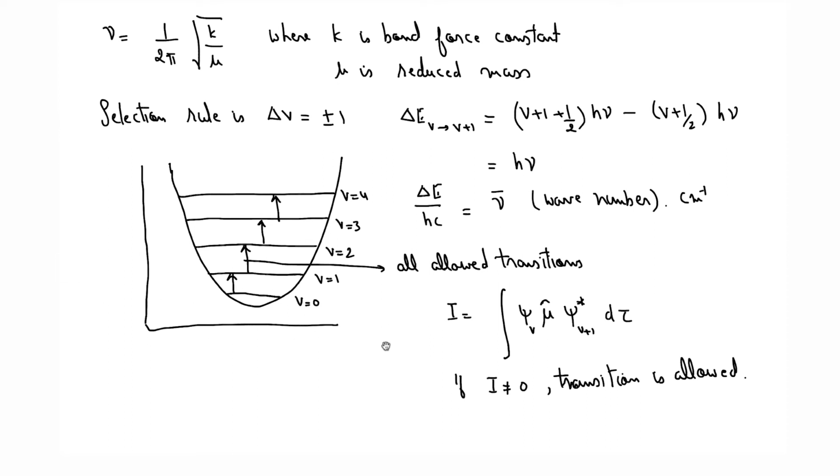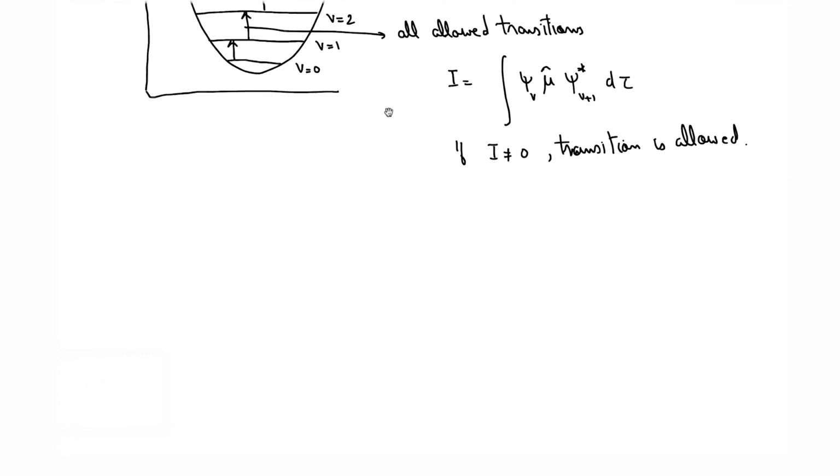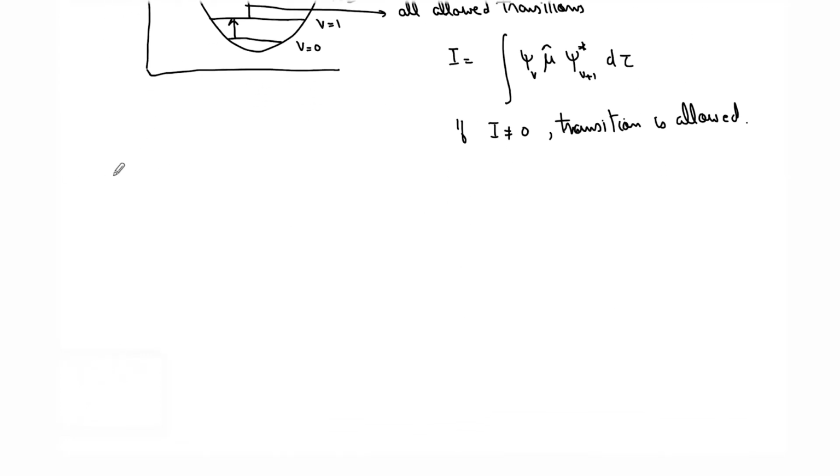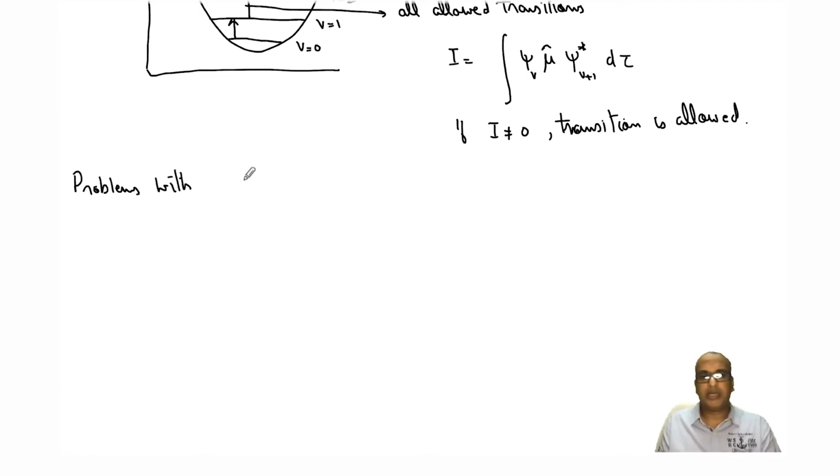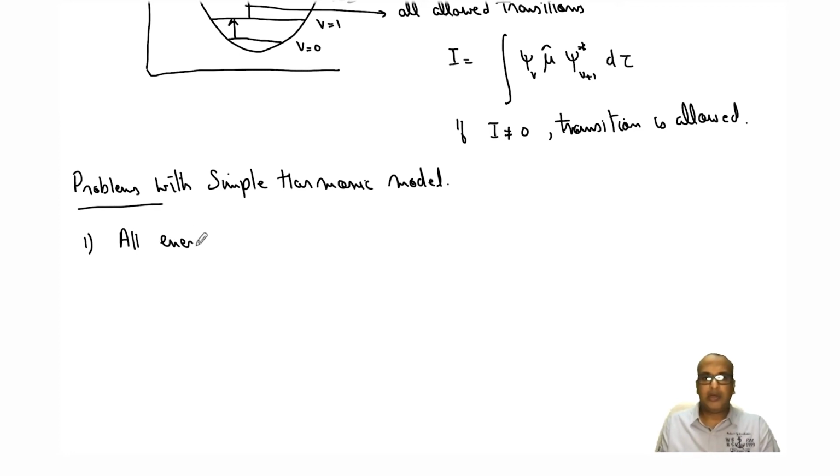So this is basically called the simple harmonic model, but there are problems with it, right? Let us discuss the problems with the simple harmonic model. First of all, it defines that all energy levels are equally spaced.